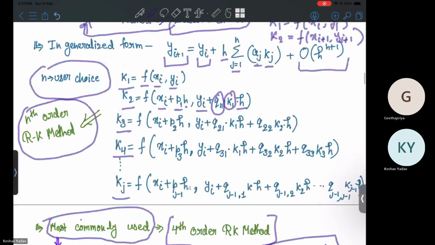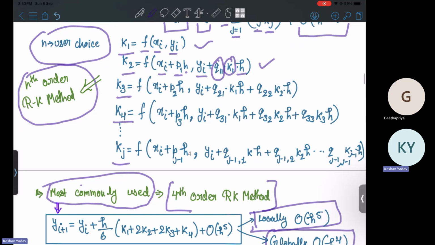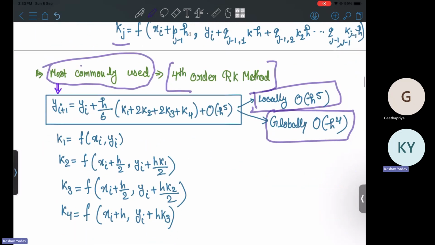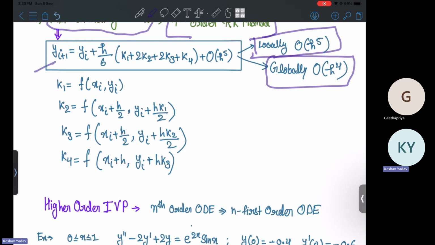So if you use this generalized form for fourth order, and wherever the y is involved we write using the Taylor series, then we will get this expression for the iteration: y i plus 1 equal to y i plus h by 6 times k1 plus 2k2 plus 2k3 plus k4.